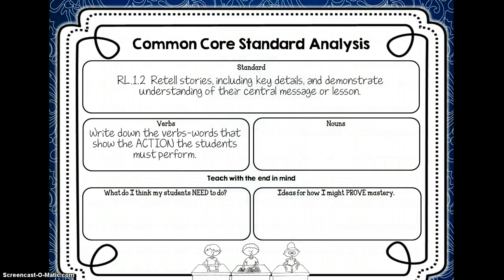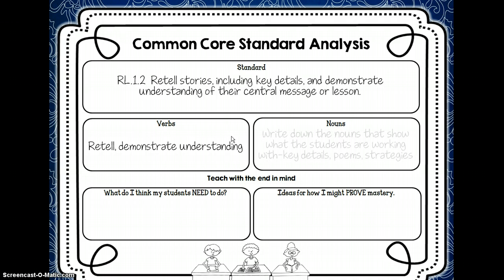So the next step is to write down the verbs, the words that show the action that the students must perform. So we're going to go back up to our standard and reread it so that we can find those verbs. All right, well, the verbs would be retell and demonstrate understanding. After we've identified those verbs, then we go into looking at the nouns.